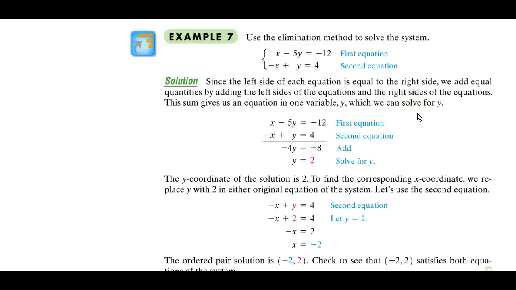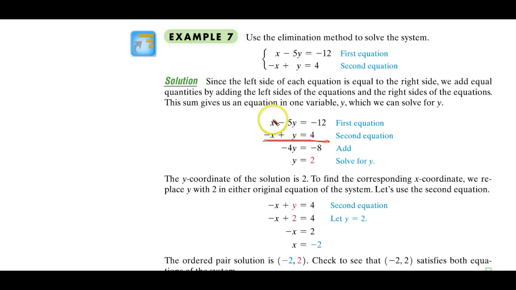So step 1 in the elimination method is we put the equations, if they're not already in that form, in standard form. Now, we make a quick study of the equations. If we were to add them up, would one of the letters be eliminated?